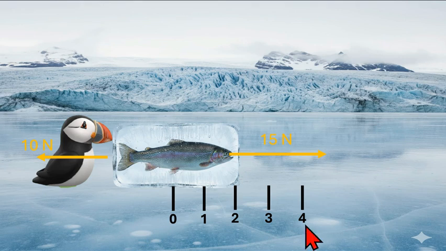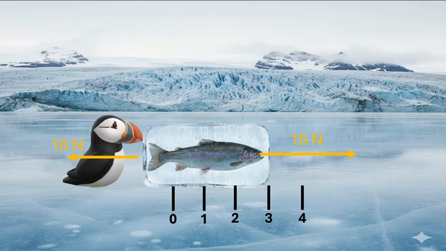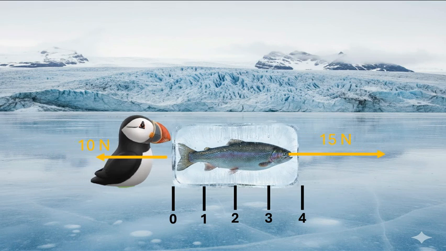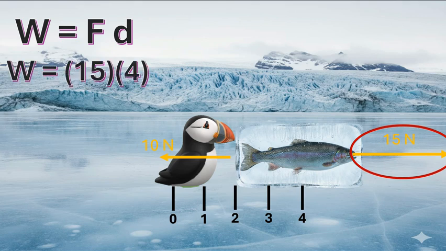All right, so another example, let's say he pushes harder this time. So there's more force in front than there is in the back. And as a result, this thing speeds up. So finding the work that he did by pushing on it, you have 15 newtons times 4 meters, which is 60.